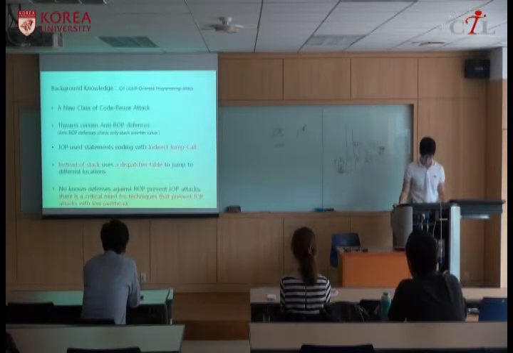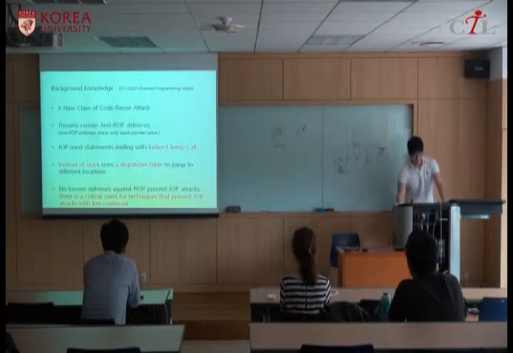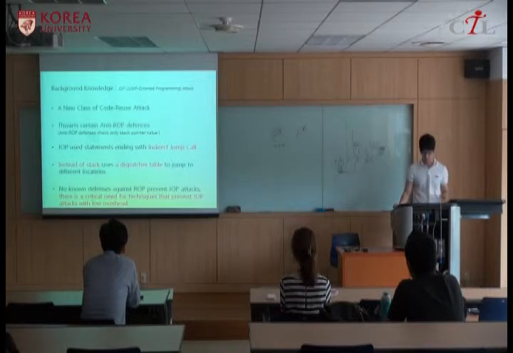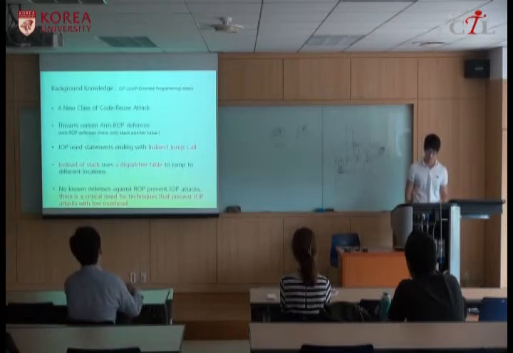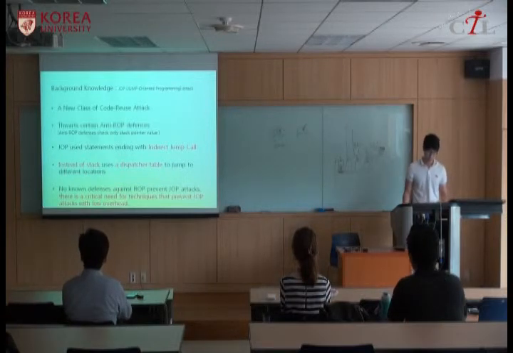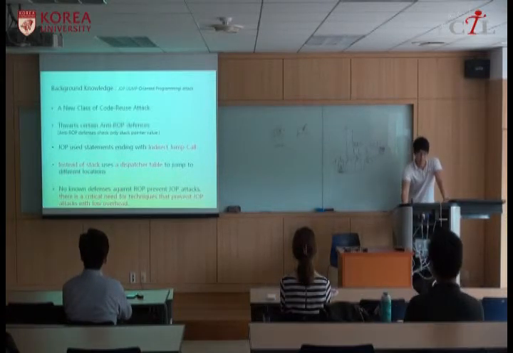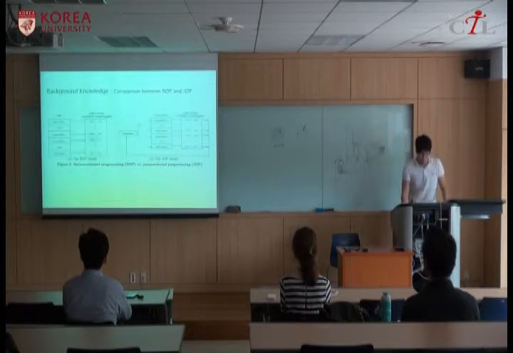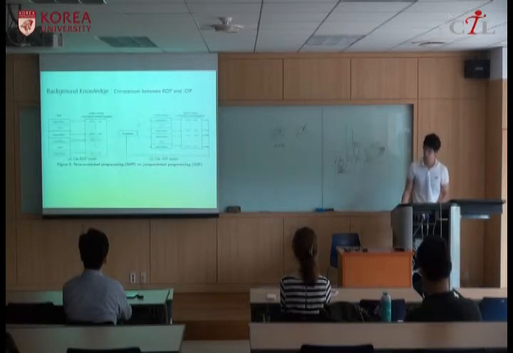They're targeting both. How? Let me explain. A JOP attack uses a dispatcher table. This table is made by the attacker. They don't use a stack. This is a comparison between ROP and JOP.